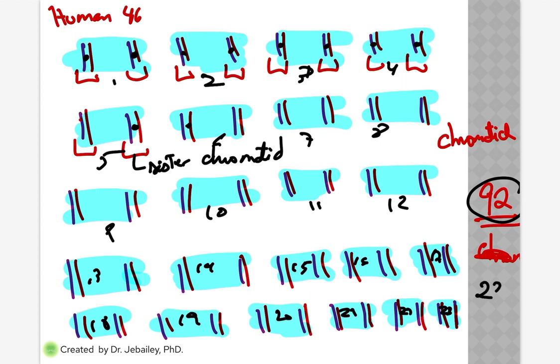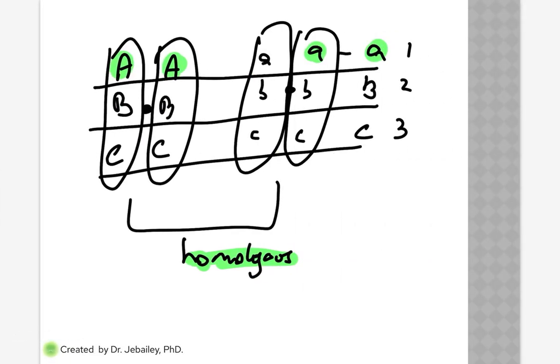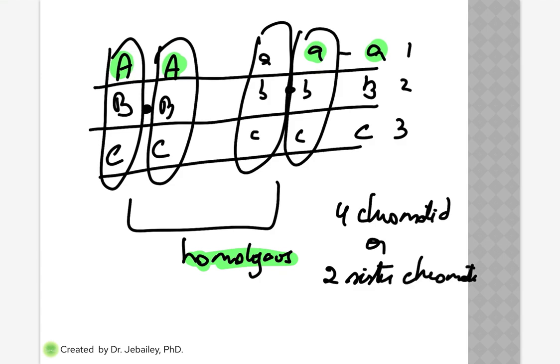So you can see there are 23 homologous chromosomes here, in which each homologous has 4 chromatids. In other words, when we talk about homologous, they are usually made of 4 chromatids, or you can say they're made of 2 sister chromatids. So that means there are 23 pairs of homologous inside a cell.